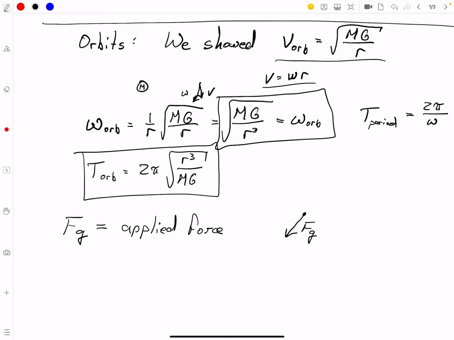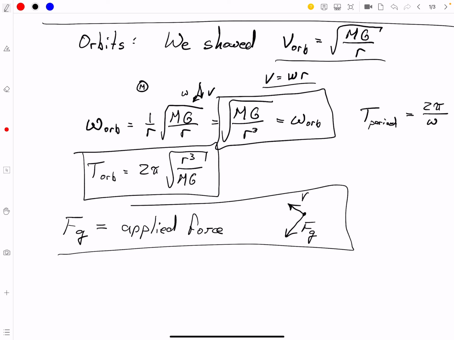So that force of gravity is definitely perpendicular to the velocity. And that whole thing then leads us to our, we want I omega, and I is equal to the object circling times its radius squared.